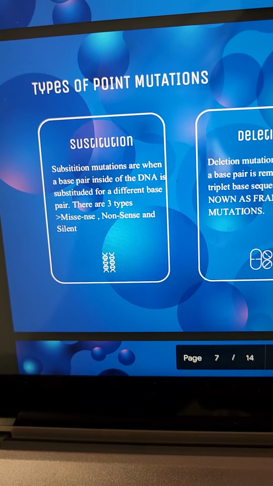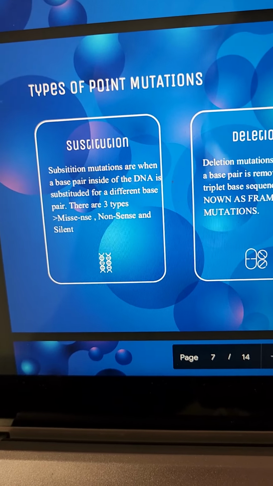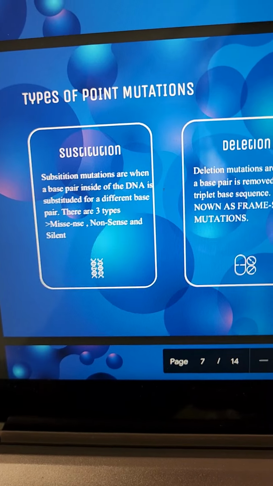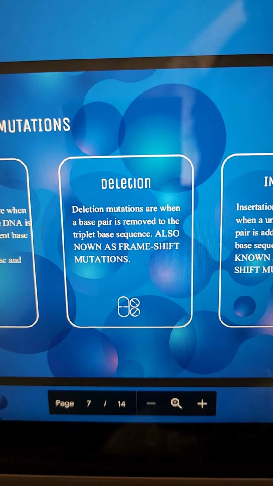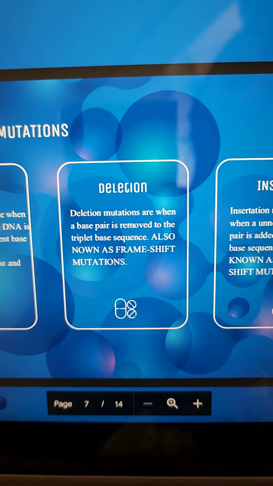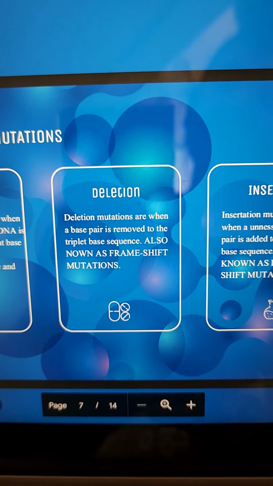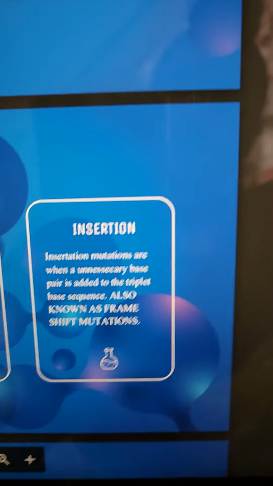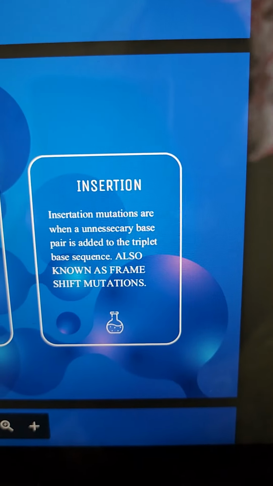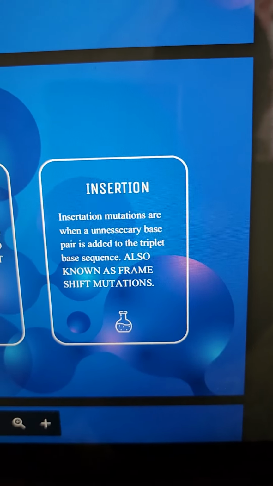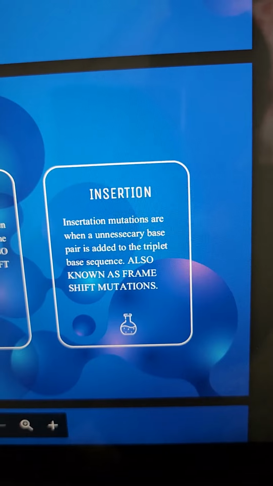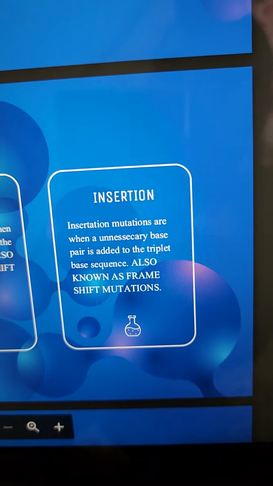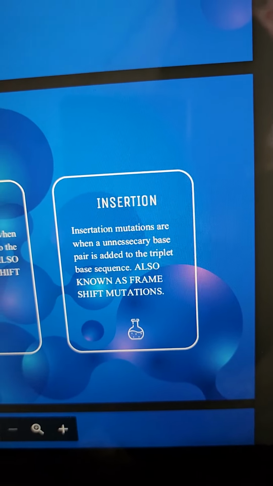There are 3 types of substitution mutations: missense, nonsense, and silent. Deletion mutations are when a base pair is removed from the triplet base sequence, also known as frameshift mutations. Insertion mutations are when an unnecessary base pair is added to the triplet base sequence, also known as frameshift mutations.